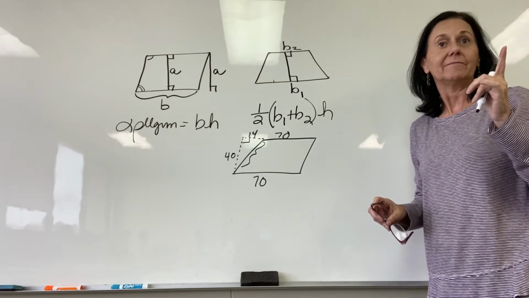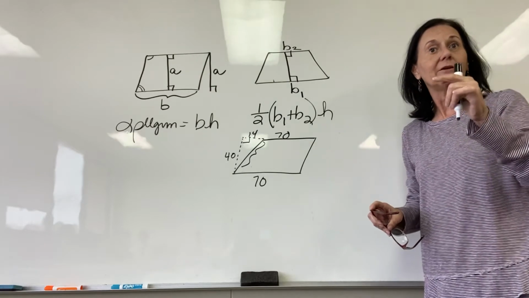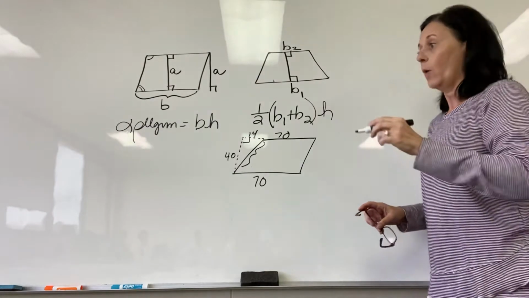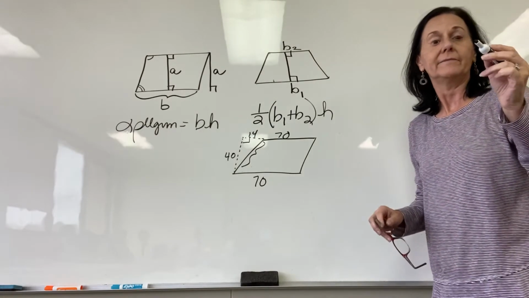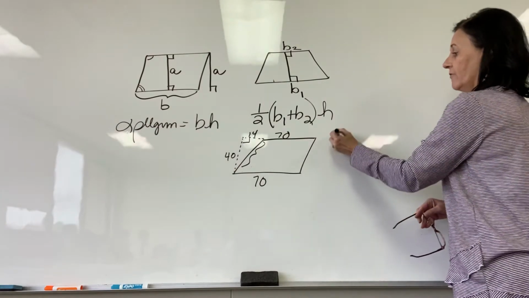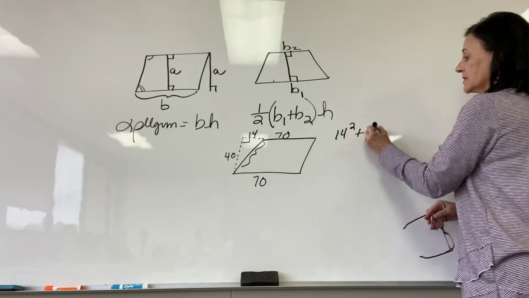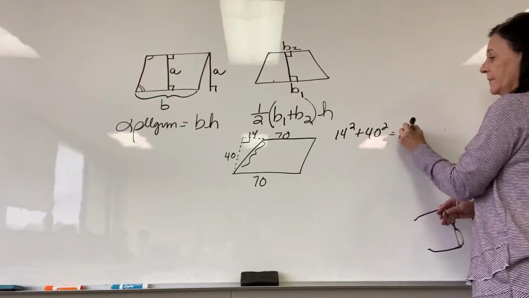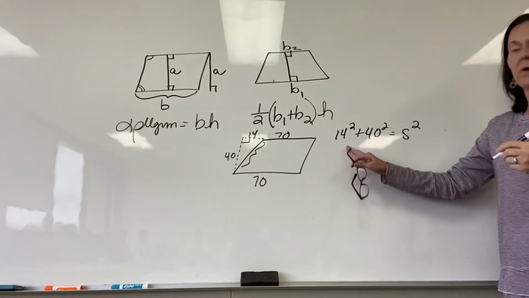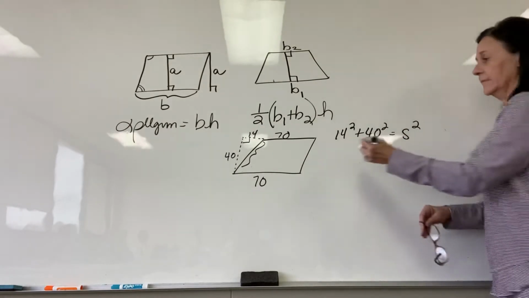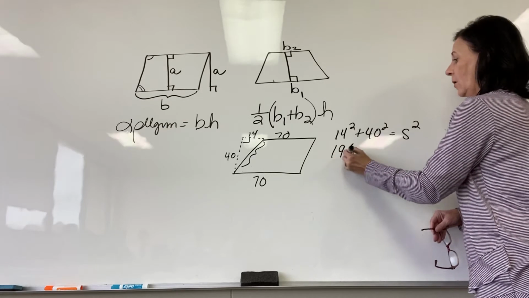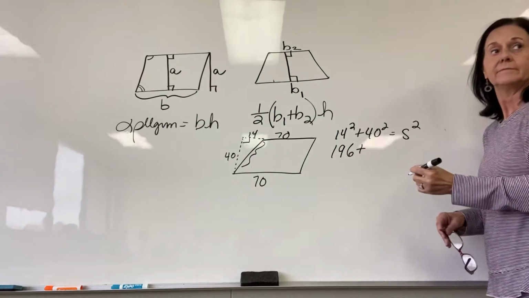Pythagorean theorem. Do you remember the Pythagorean theorem? It's in the lesson on Monday. What does Pythagorean's theorem say? A squared plus b squared equals c squared. Okay, so 14 squared plus 40 squared is going to be that side squared. What's 14 squared? 196. What's 40 squared? 1600.